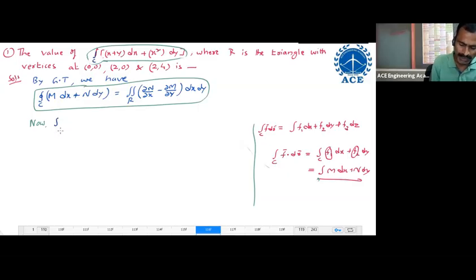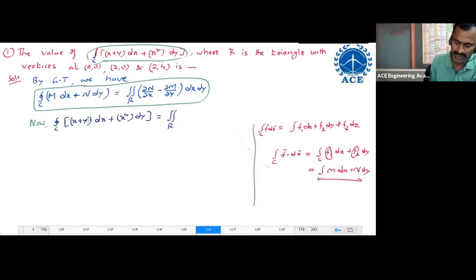The integral over C of (x plus y) dx plus x square dy equals. We compare the given integral with this general transformation, find M and N, and substitute M and N on the right hand side. The coefficient of dy is N equals x square.